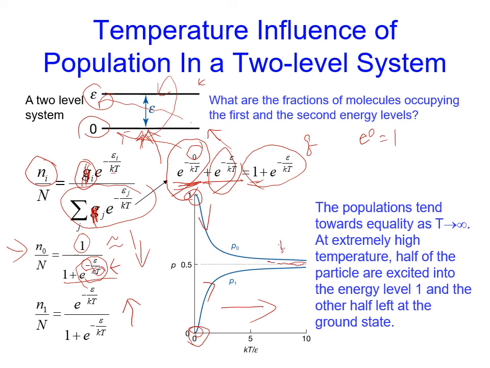So half of them remain at the low energy level, and half of them are excited to the higher energy level. So the populations tend towards equality as temperature increases to infinity. At extremely high temperature, half of the particles are excited into energy level 1, and the other half are left at the ground state.